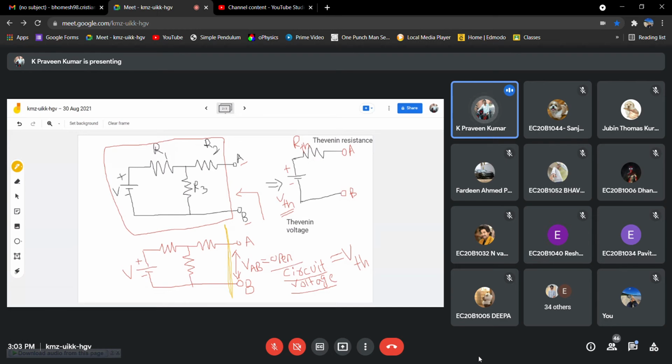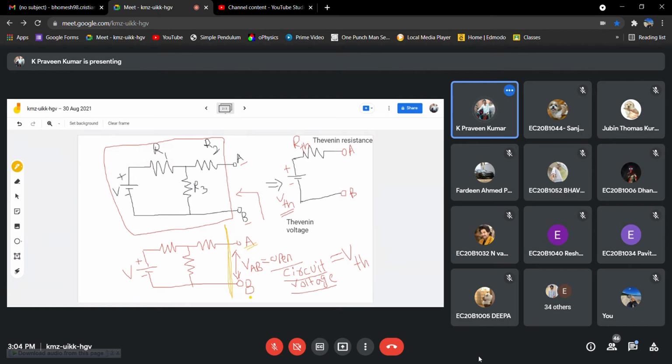First we need to find the Thevenin voltage. Here I am interested in terminals A and B, so we calculate the open circuit voltage across these terminals.